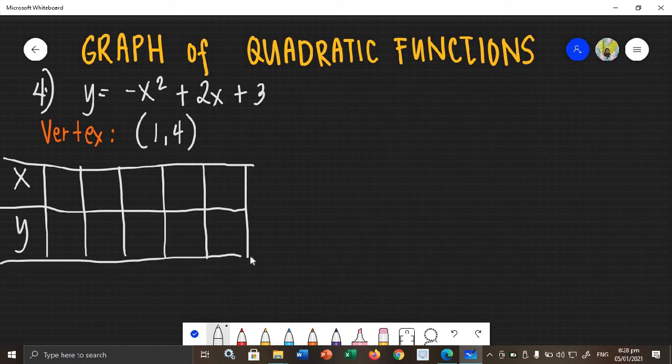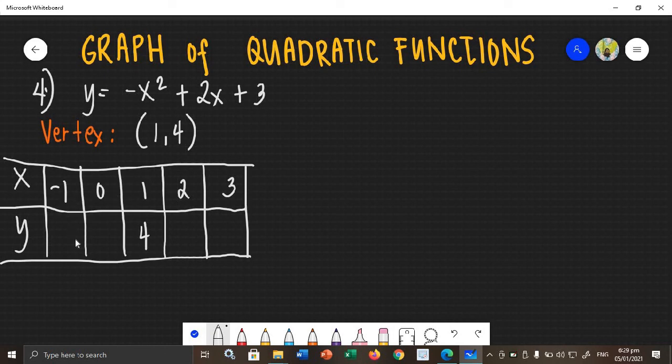And then, let's place the vertex in the middle. So, 1 and then 4. And then, let's assign x-coordinates. So, numbers before and after 1 so we won't have a hard time. So, we have 2 and 3 here. We have 0 and negative 1 here.